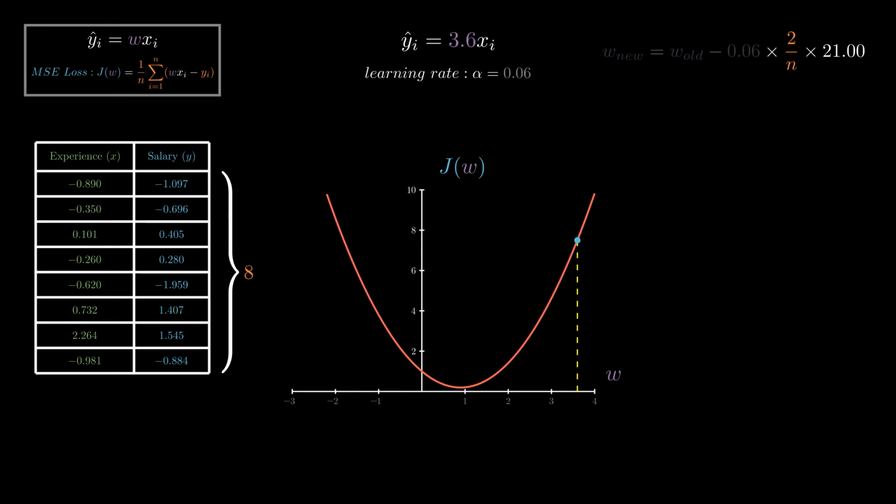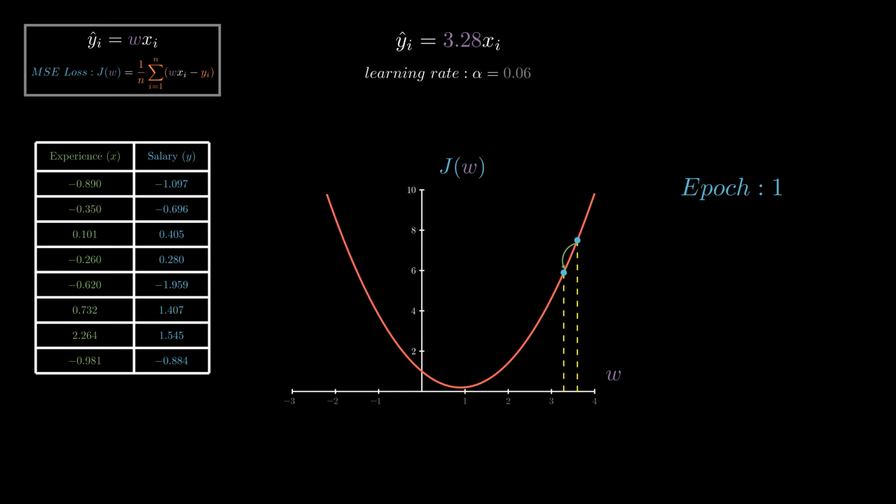And then substituting for n, which is the total number of examples, followed by substituting the old parameter or the current parameter, which is in this case 3.6, giving us a new parameter value of 3.28. So, as you can see on the plot, the new parameter reduced the loss function by moving a single step down towards the global minima. So, this whole process is called an epoch. And the same process happens all over again until a minimum loss is reached.